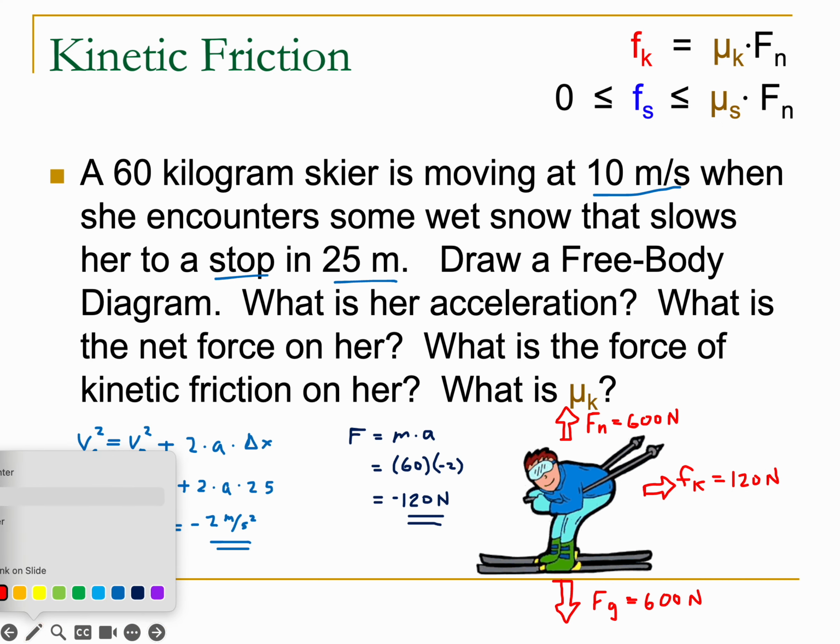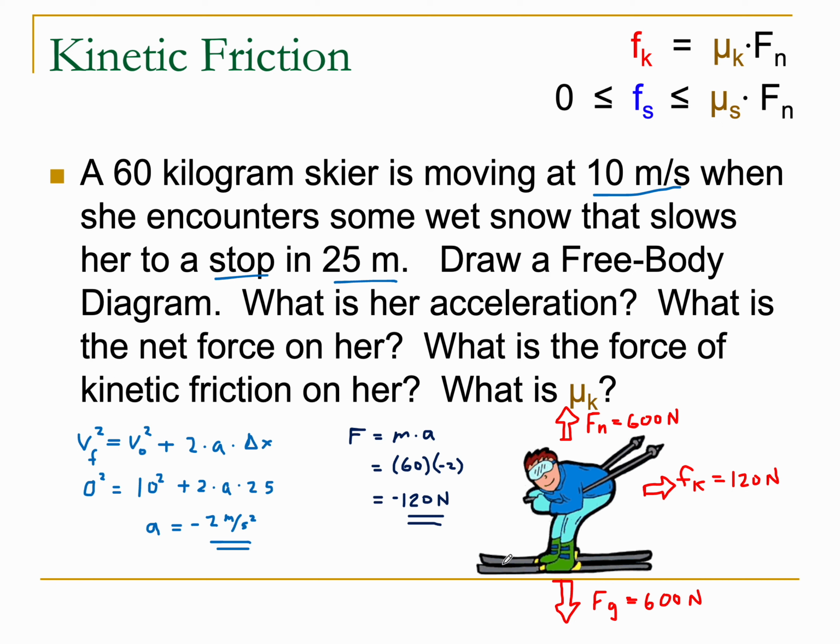Last step. We need to find mu sub k. What am I going to do? I am running out of space. We know that the force of kinetic friction is just equal to mu sub k times the normal force. And we actually know all of these quantities except for mu sub k. So in this case, the force of friction is 120 newtons, leaving off units just for speed, equals mu sub k, and our normal force is 600.